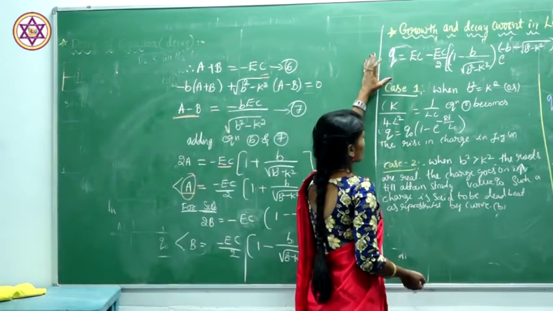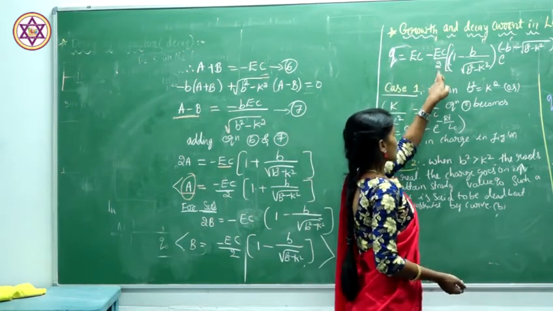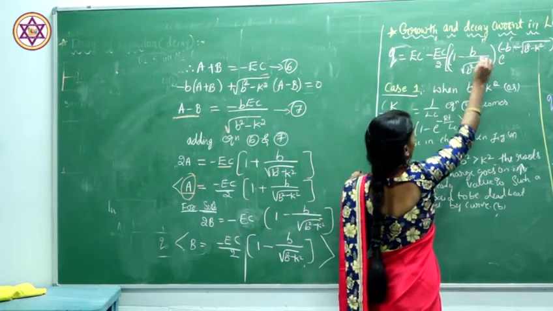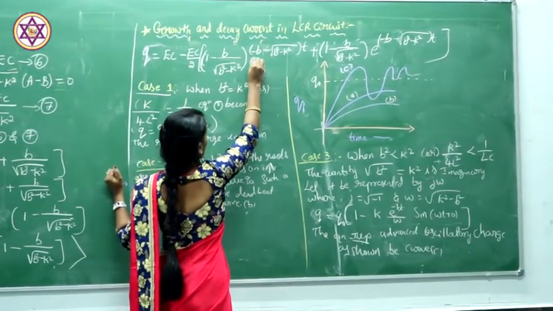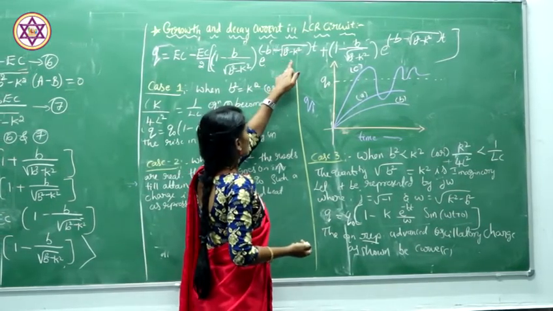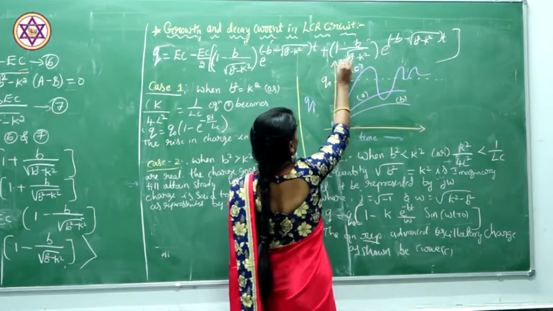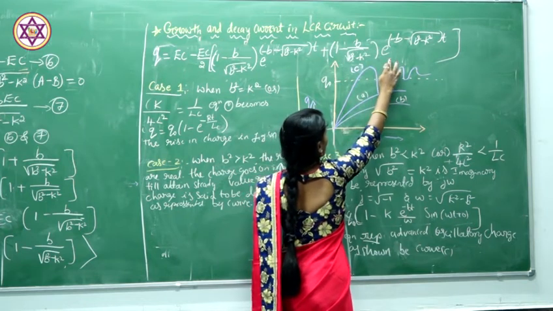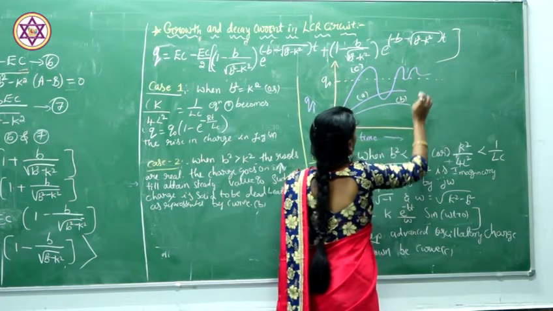So Q is equal to EC into minus EC by 2 into 1 minus b by root of b square minus k square into e to the power of minus b minus root of b square minus k square into t, plus 1 minus b by root of b square minus k square into e to the power of minus b minus root of b square minus k square into t.